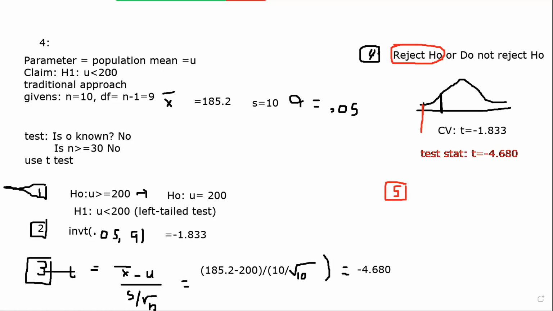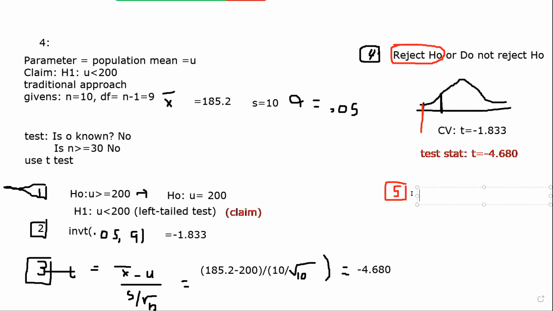And I didn't write that anywhere. I need to do that. I just realized that here I left something out. I'm going to put claim next to H1. So claim goes next to H1 in your notes. Don't forget to write that.